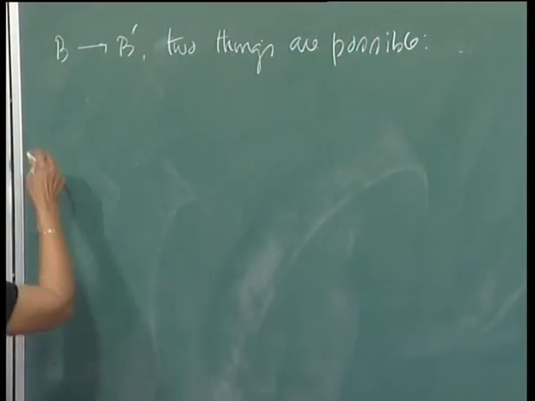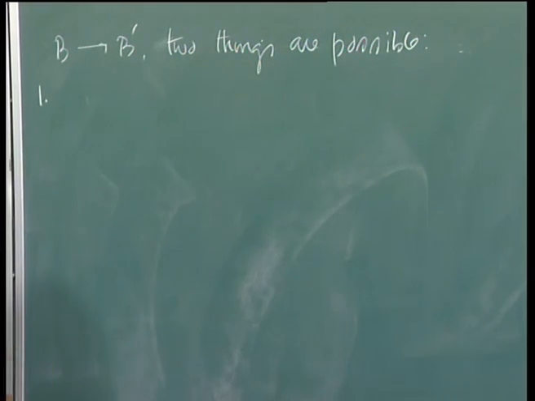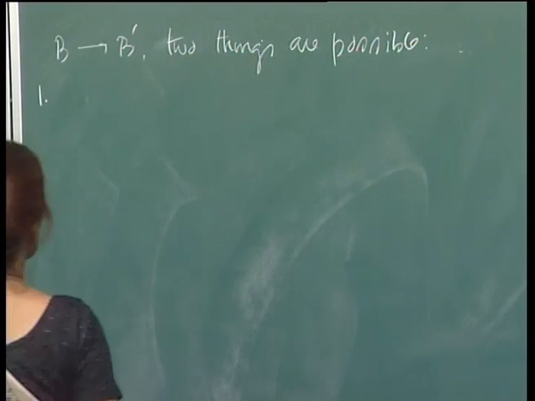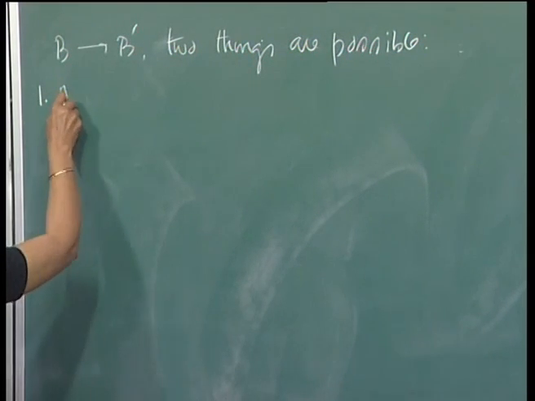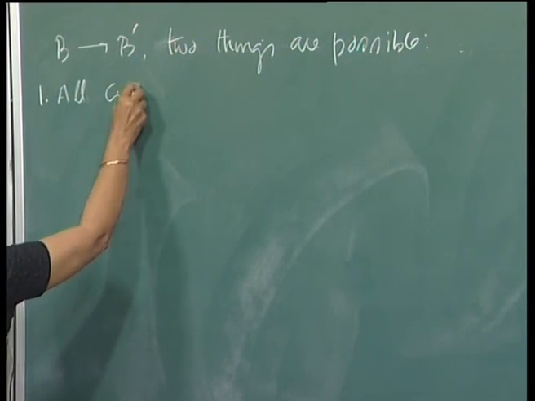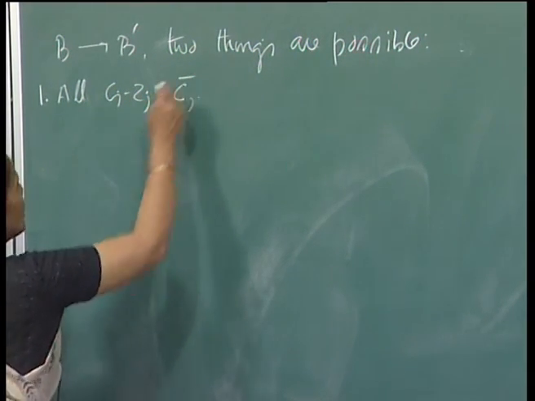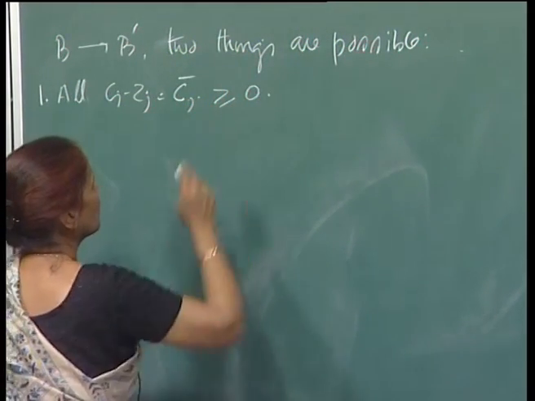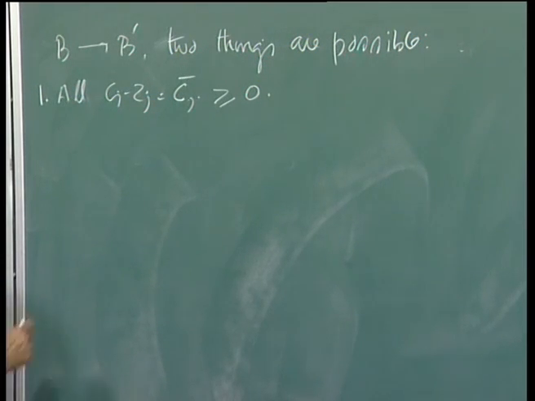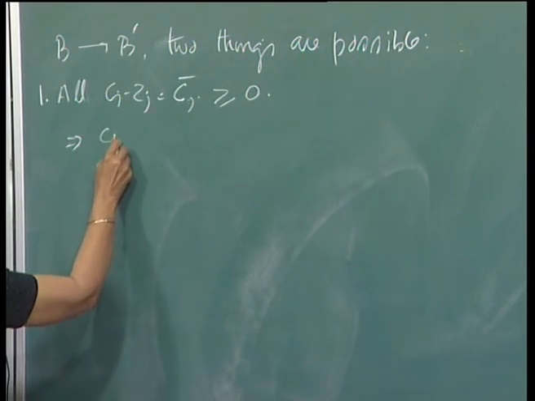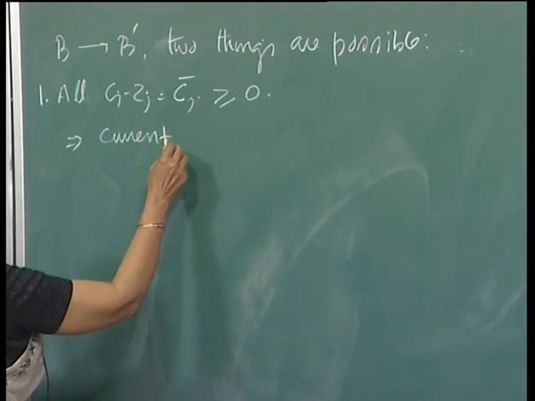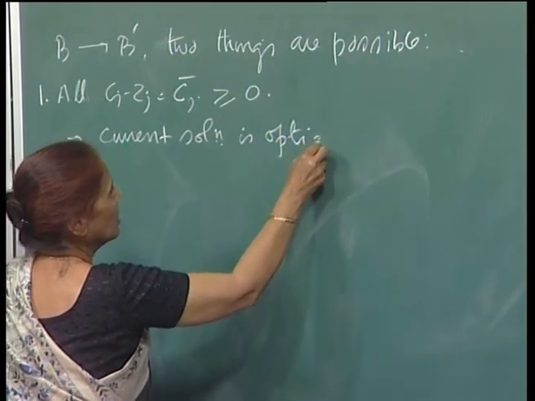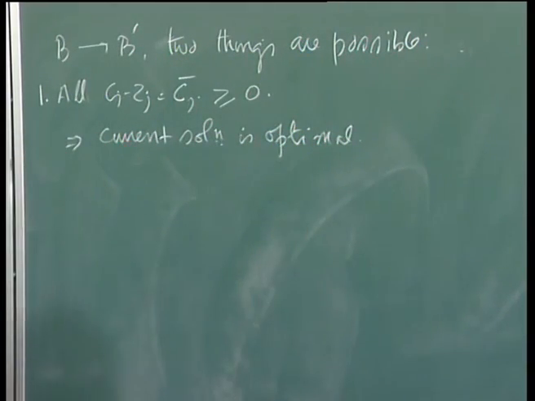One is that all C j minus Z j, which we also refer to as C j bars, it's convenient, are greater than or equal to 0. This implies that the current solution is optimal, because we have the optimality criteria.